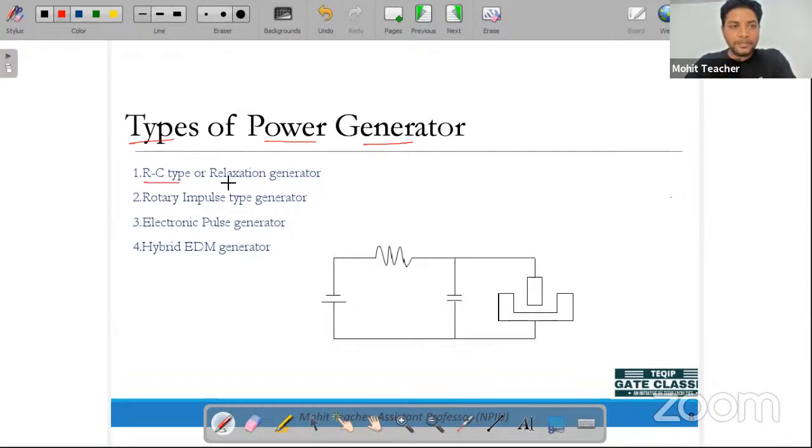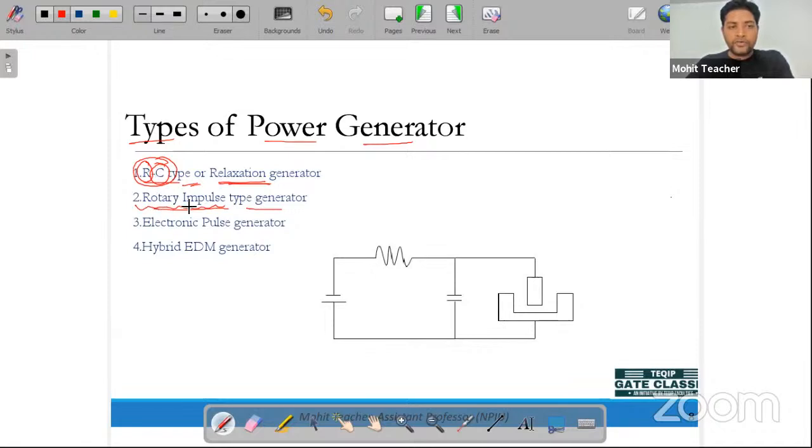First is the RC type, or we can say it's a relaxation generator as well. We can also say that it is a Lazarenko circuit. Yesterday we discussed that, and we are calling it an RC type because R refers to the resistance and C refers to the capacitance. Next is the rotary impulse type generators, meaning in place of this resistance and capacitance we can use the rotary impulse.